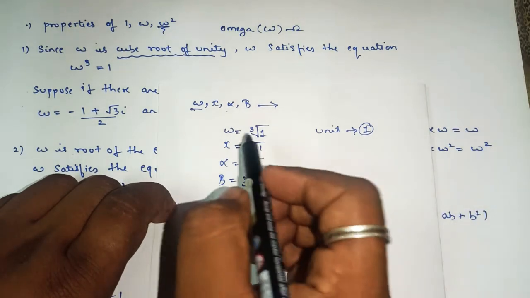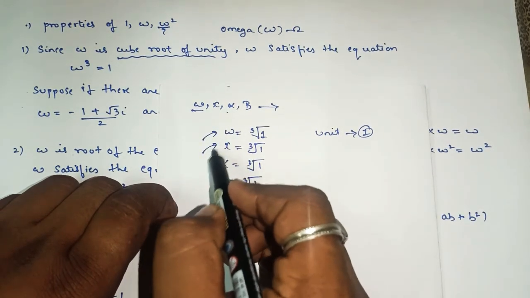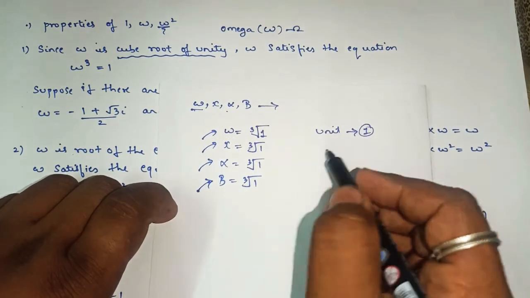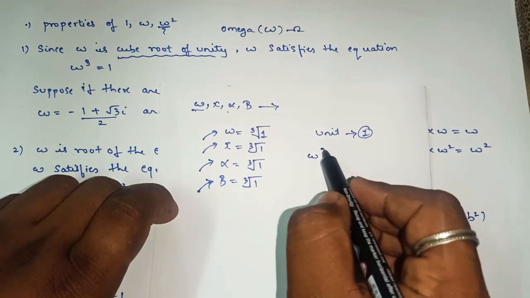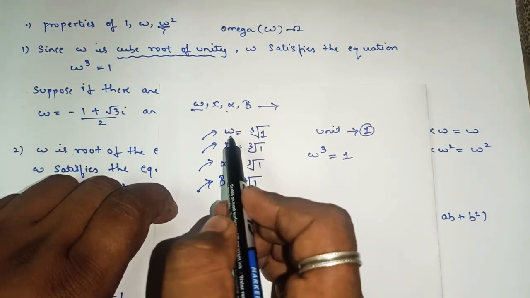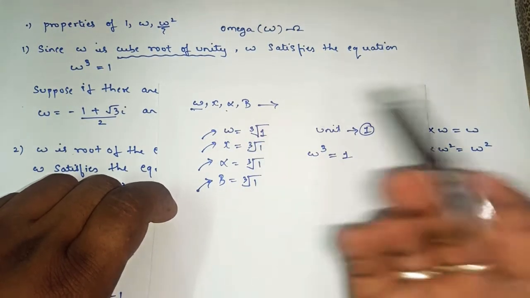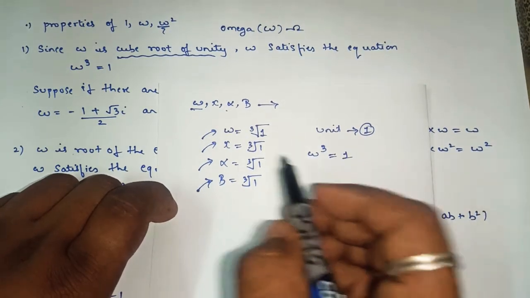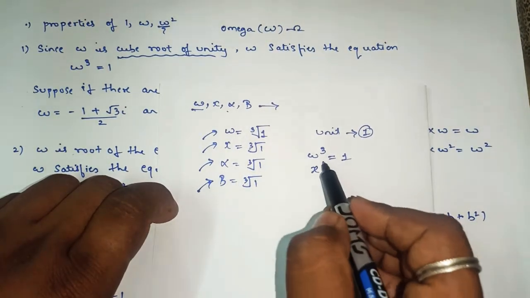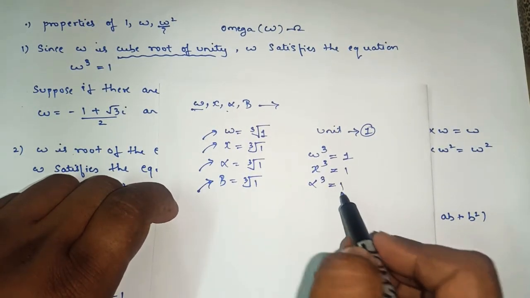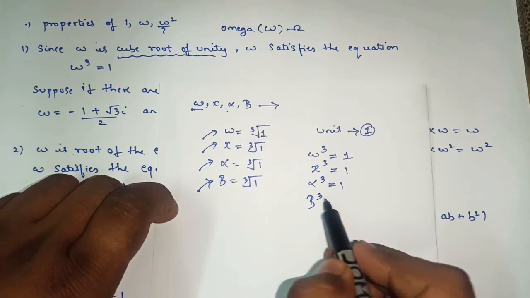Now if I take cube on both sides, the cube root gets cancelled, so you get W cube equals 1. Same here, X cube equals 1, alpha cube equals 1, and beta cube equals 1.